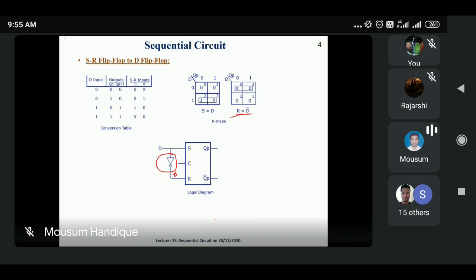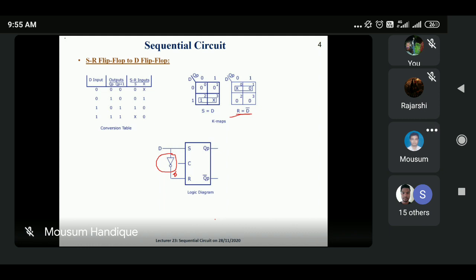Whatever we are completing from SR to JK, JK to SR, SR to D flip flop, and just you can try T flip flop to JK flip flop, how we are converting T to JK, or JK to T flip flop, or SR to JK flip flop. Sorry, SR to D flip flop, SR to T flip flop.